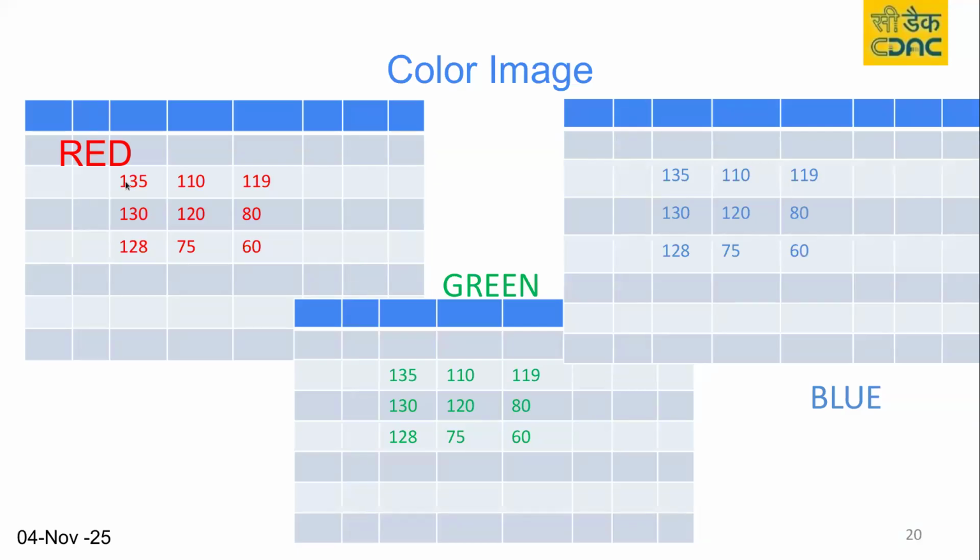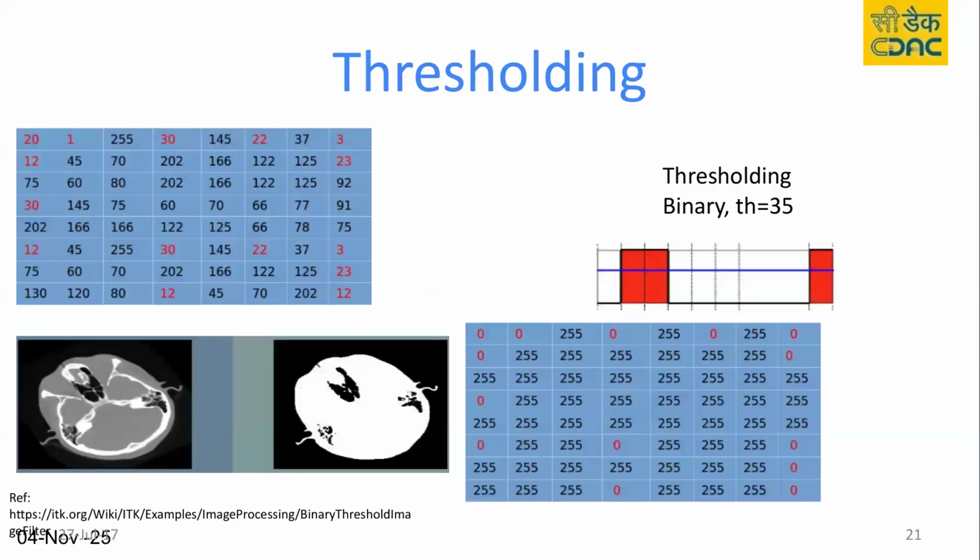So the red matrix will have values varying between 0 to 255. The green matrix will also have values varying between 0 to 255, and the blue matrix will have all the values varying between 0 to 255. When you combine these three matrices, you get different colors in your image. So for a color image, we require three matrices to represent that image, whereas a black and white image is represented by only one matrix.